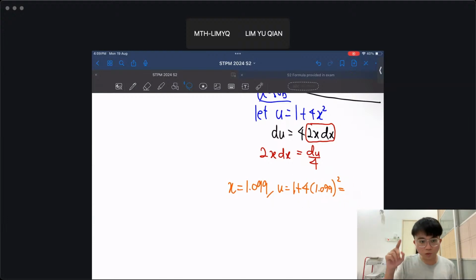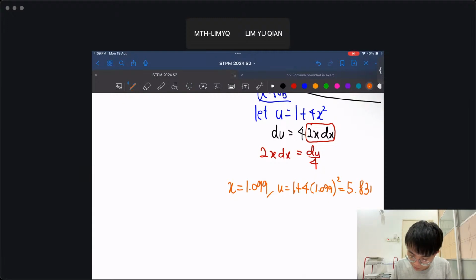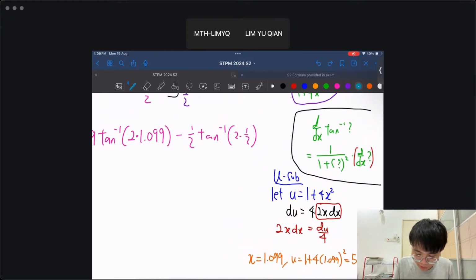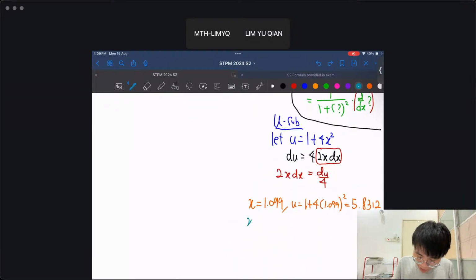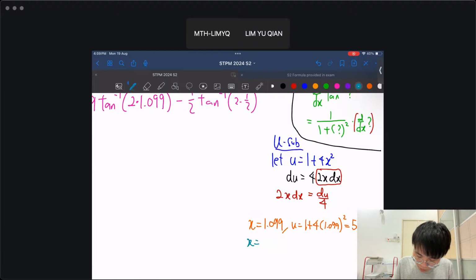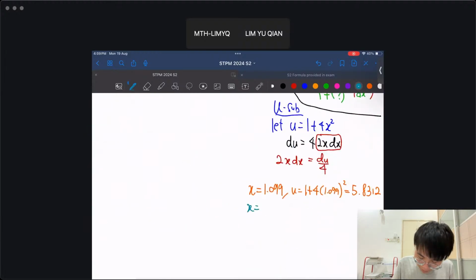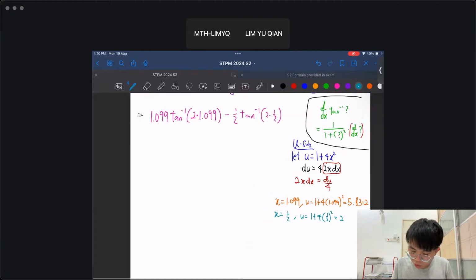Even though this one is just 1.099, in fact, to avoid any miscalculation, we can put 4 dp, or even more digits to be safe. But 4 digits should be okay already. And when x equals the lower limit 1 over 2: 1 plus 4 times 1 over 2 squared. So 1 over 2 squared is 1 over 4, times 4 is 1. So 1 plus 1 is equal to 2.